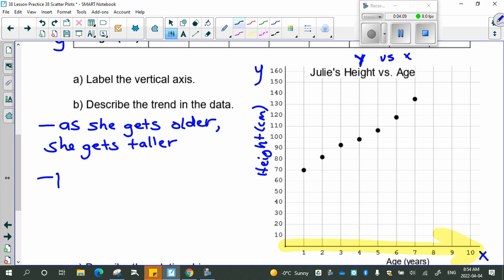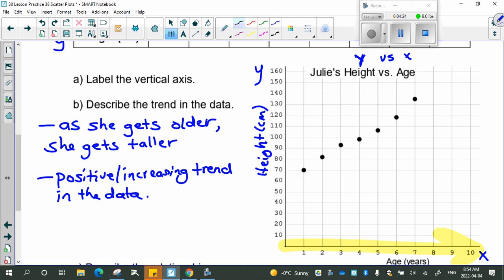We also call that a positive or increasing trend in the data. Because if we were to draw in a line, Alexa, like just a line of best fit, which don't draw that in because we're going to talk about how to draw one, but if I were just to draw a line, that line would have a positive slope. Does everyone agree? Okay, so that's how we're saying positive. And increasing, so as age gets bigger, her height's getting bigger. Okay?